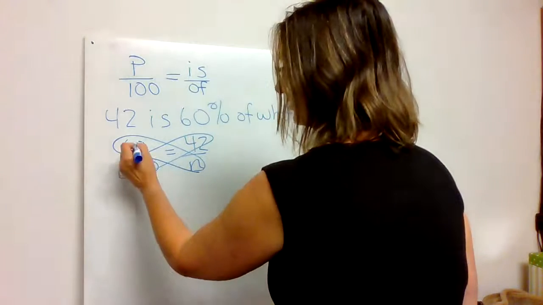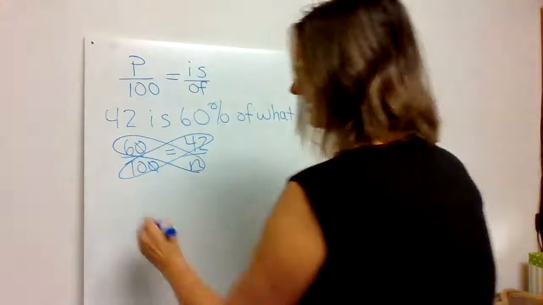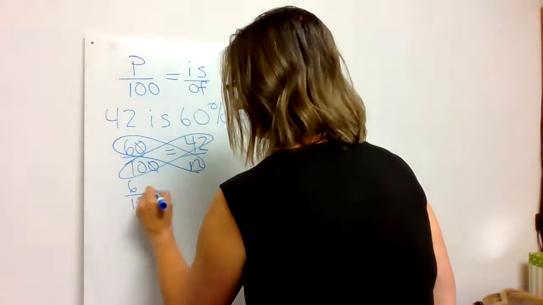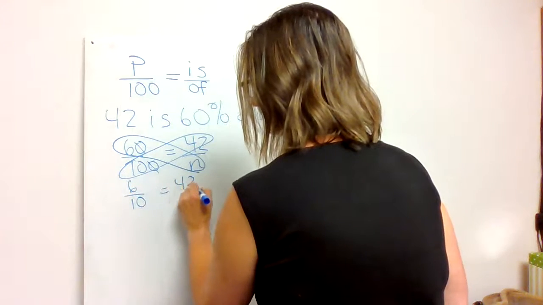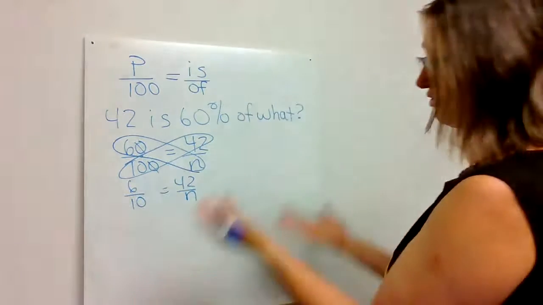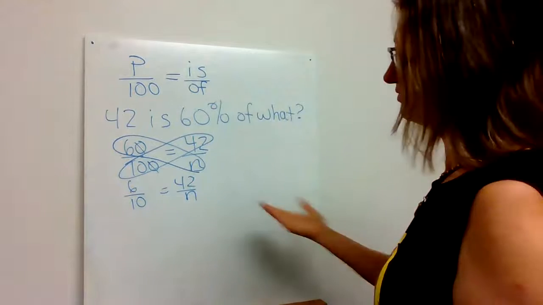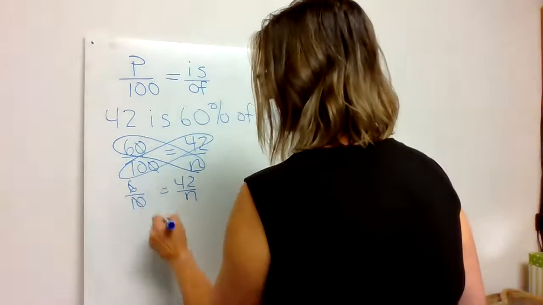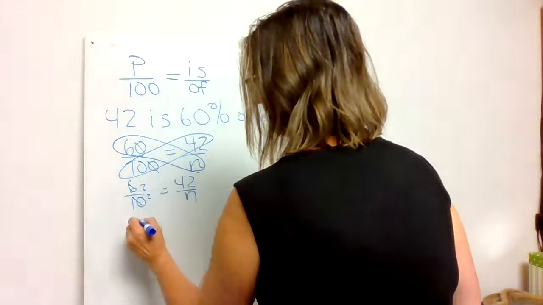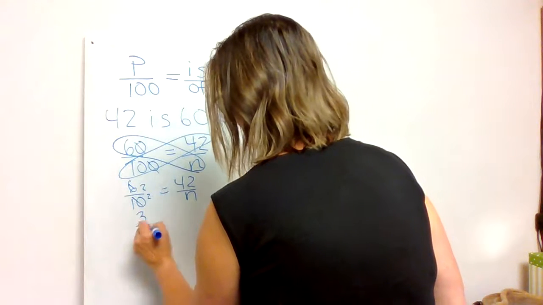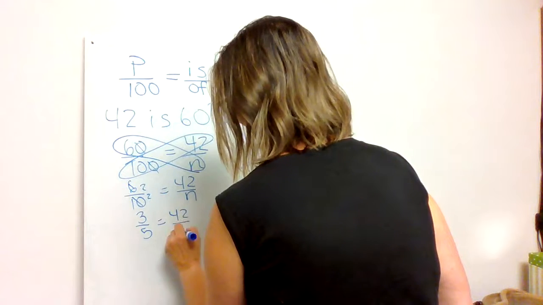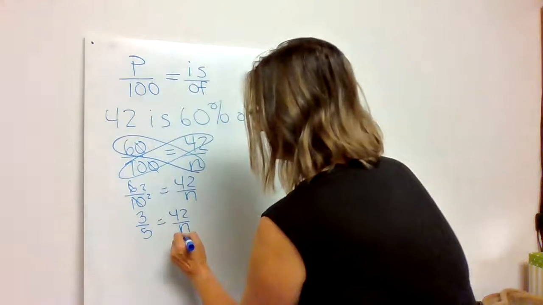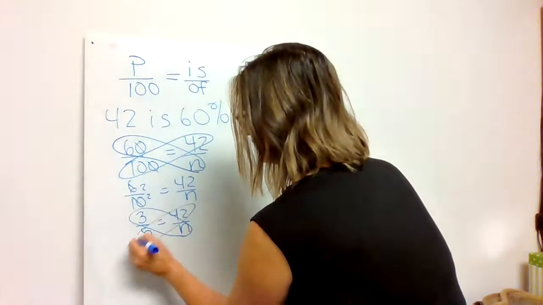So first I'm going to reduce it by dividing by 10. So I'm going to get 6 out of 10 equals 42 over n. I could cross multiply right now if I wanted to, or I could see that this can be even smaller. I can divide both of these by 2, and therefore I could get 3 out of 5 equals 42 over n. And now I can do my cross multiplying and get a nice smaller number.